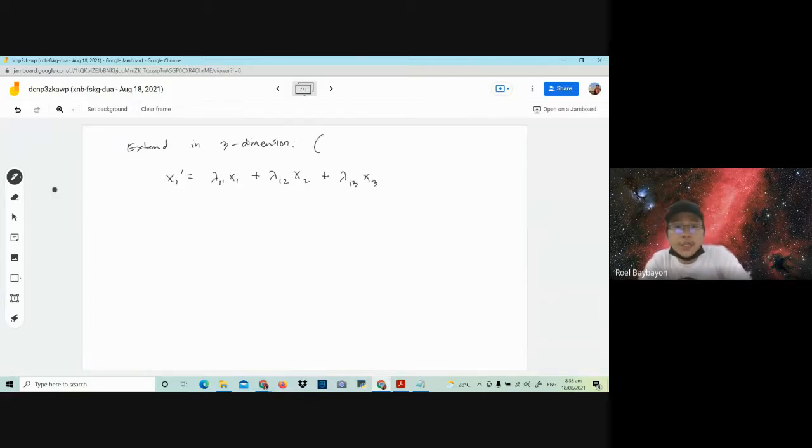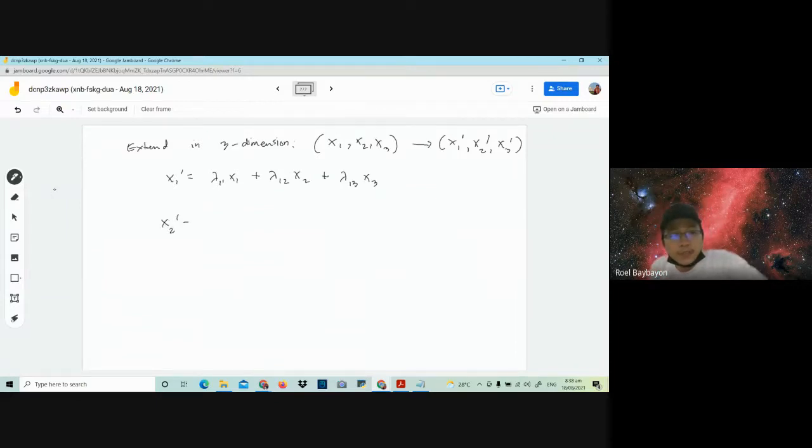Again, this is in 3 dimensions. So I have x1, x2, x3, and also x1 prime, x2 prime, and x3 prime. Okay? So we will transform the unprime coordinate system into the prime coordinate system. So I have x1, x2, x3 into x1 prime, x2 prime, and x3 prime.